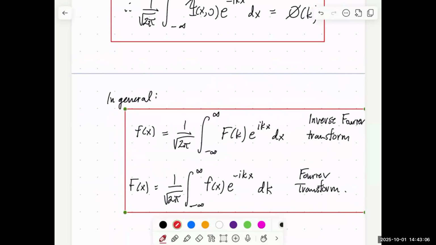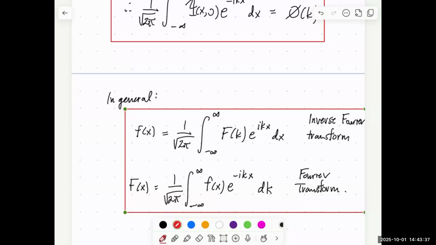If you are reading the textbook, when Griffiths does this, I think it's problem 2.19, but I could have the number wrong. But he gets you to, starting from here, essentially go to here, following a bunch of steps that he outlines. If you've taken physics 331, or you're taking it now, that's something we do exactly. So if you're in the course now, we're going to do that in a week or two.